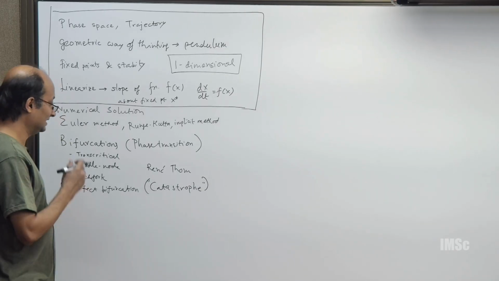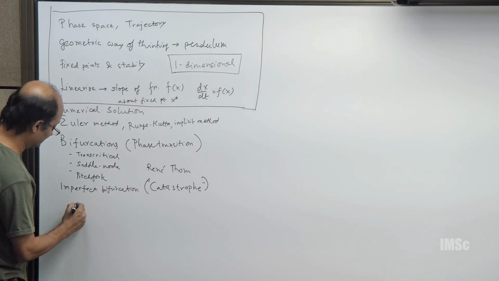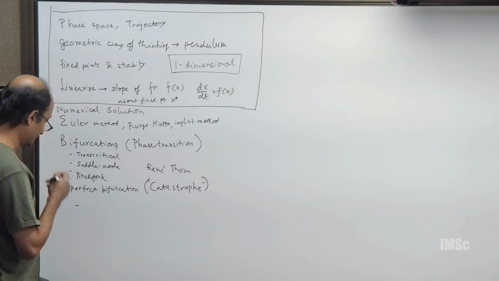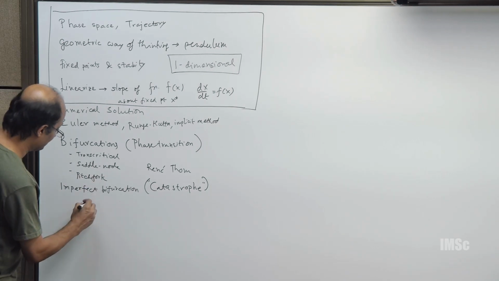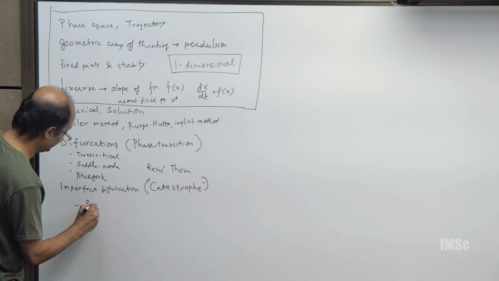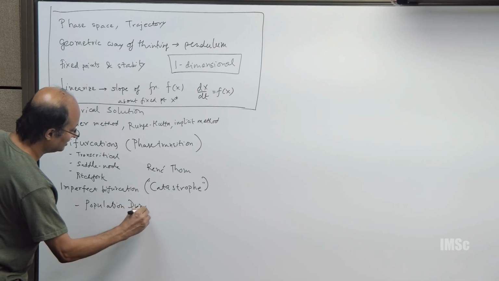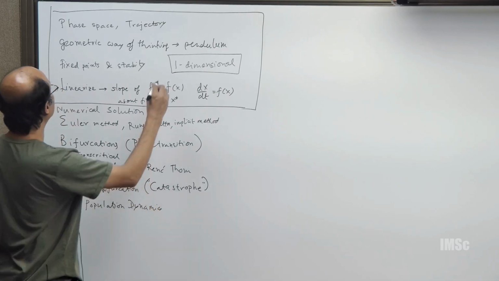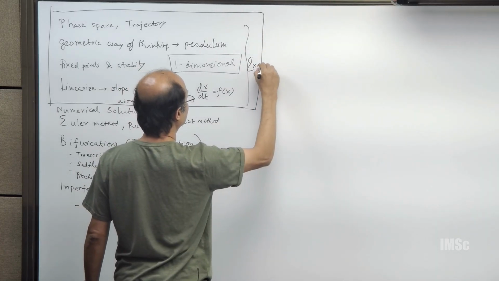Okay. So we will look at the simplest of, or one of the simplest catastrophes, the so called cusp catastrophe, and we will use an example taken from again population dynamics. So just as we saw fixed points and their stability in the context of, so the example we used was population growth.